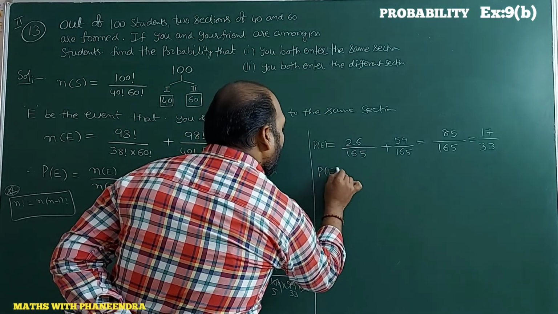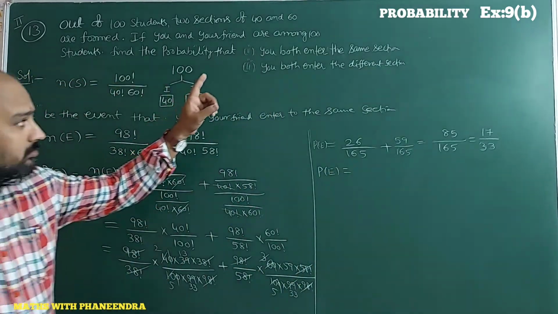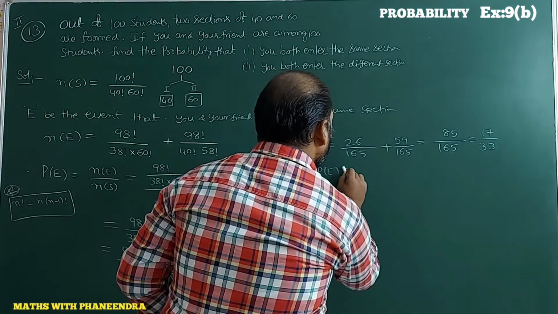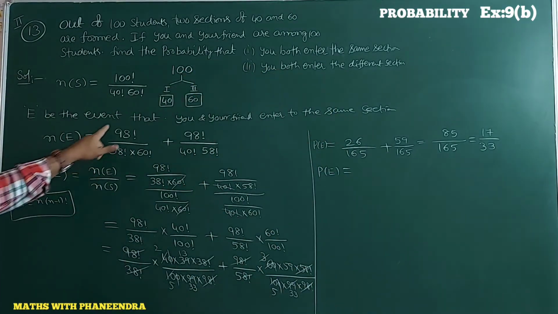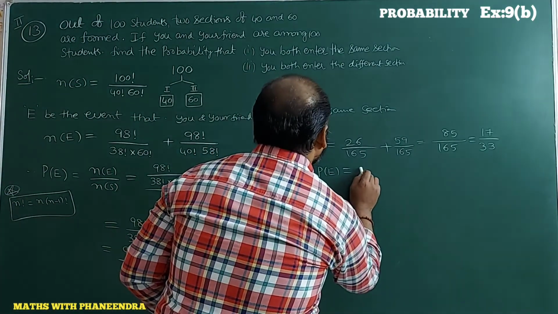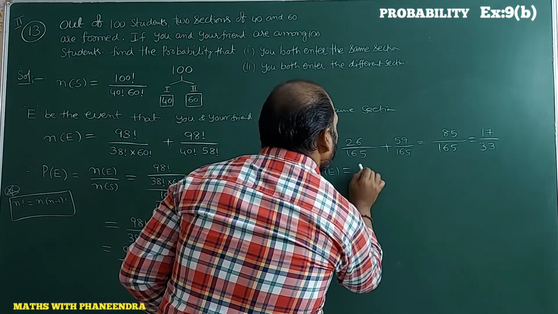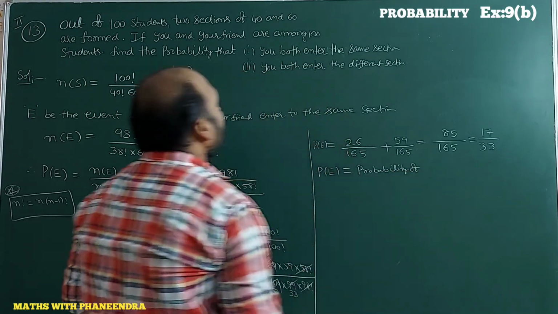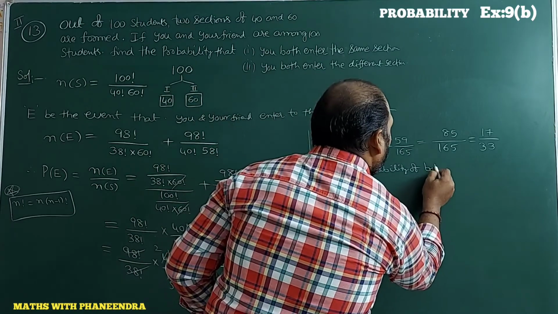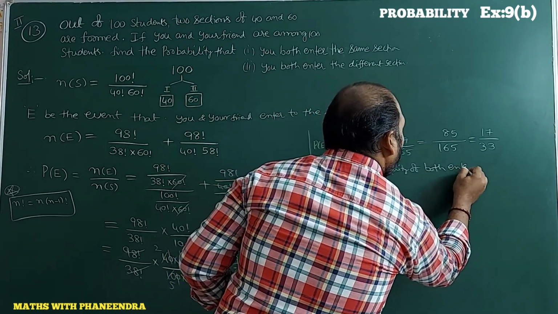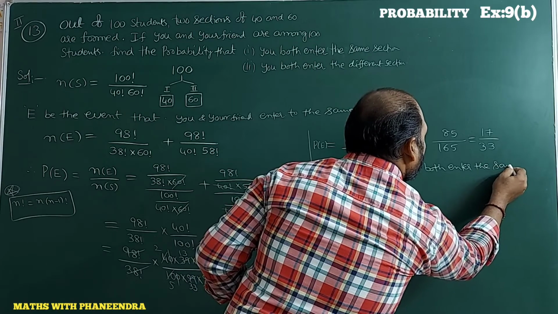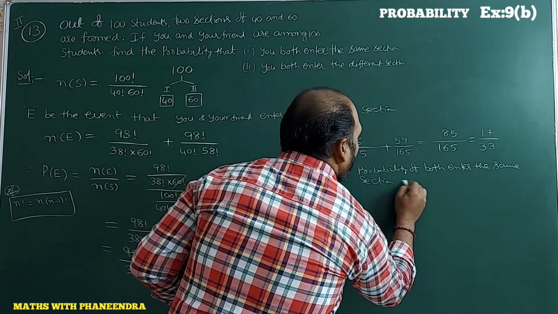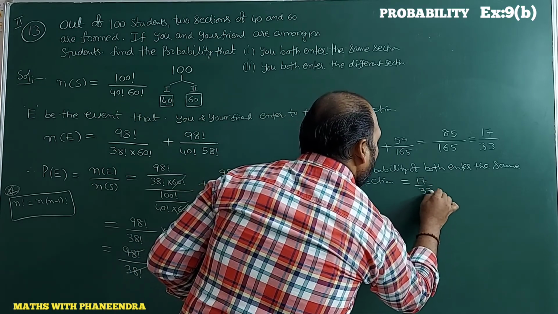Therefore, the probability of both entering the same section is equal to 17 by 33.